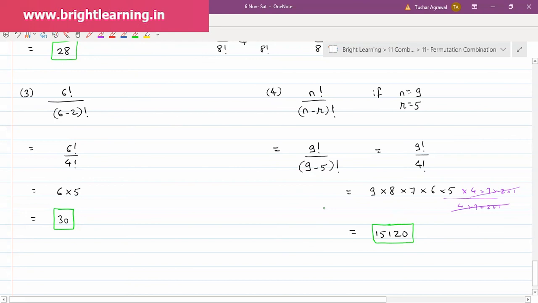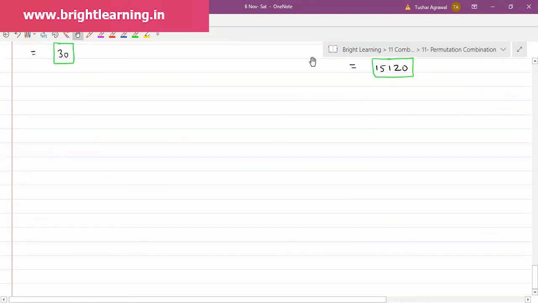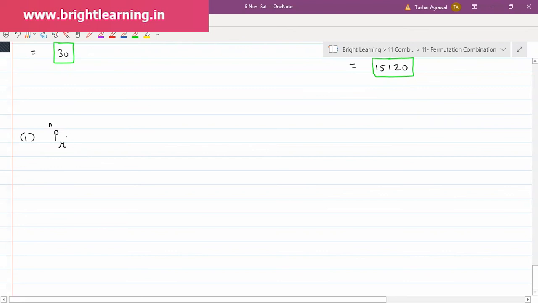So this was the first part of getting acquainted with the factorial notation. Now the next part, in tomorrow's class, the thing that we'll be doing is the meaning of the symbol NPR. Okay. NPR is a symbol.